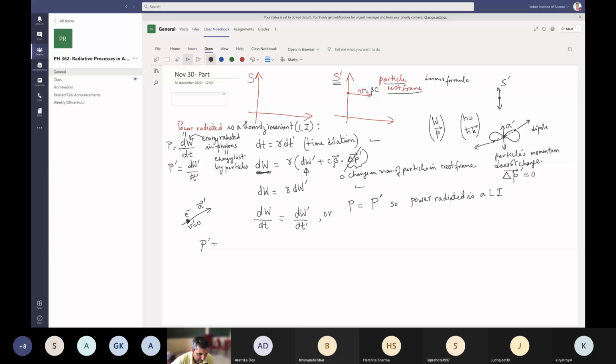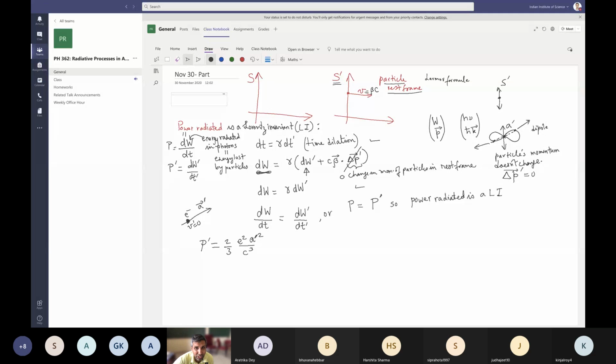So our expression, if you recall, was 2/3 e squared a prime squared by c cubed. We know that electric charge is a Lorentz invariant. It's a scalar, and a prime is the acceleration measured in the particle rest frame.